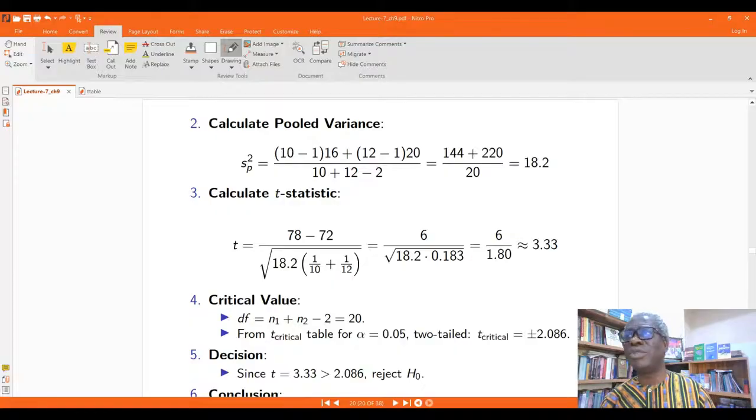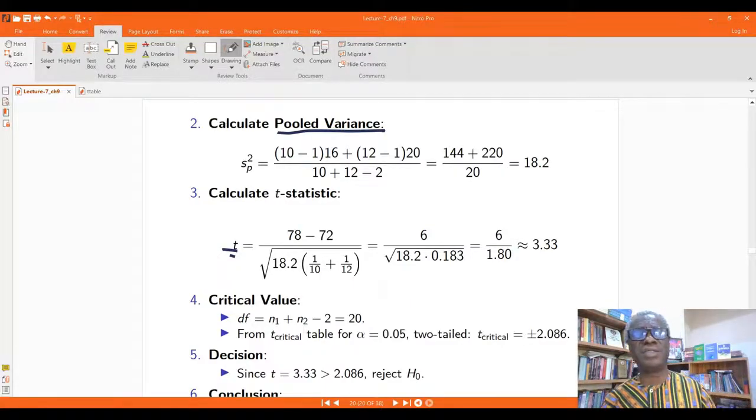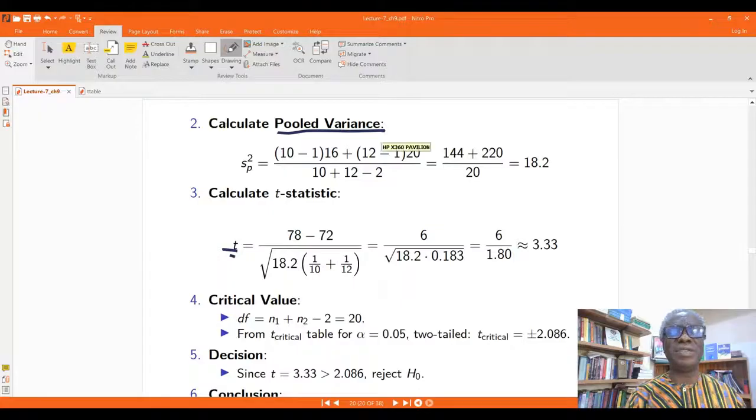So to calculate the T now, you have to calculate the pooled variance. So this is N1 minus 1, that is 10 minus 1. Then 16 is the sample variance for method A. And then N2, sample size for method B, minus 1.